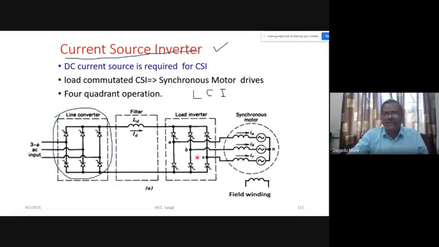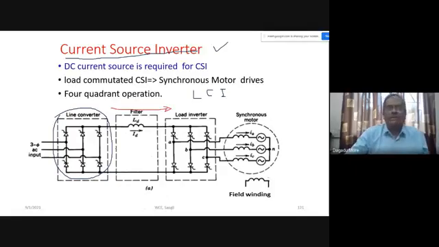Now let us assume that we have to discuss the motor operation. So our power is flowing from the supply side to the motor side.